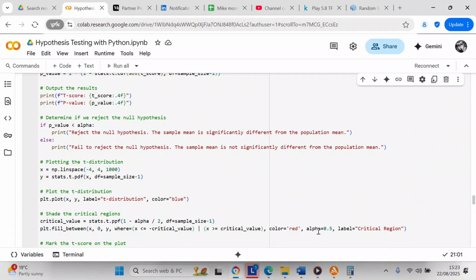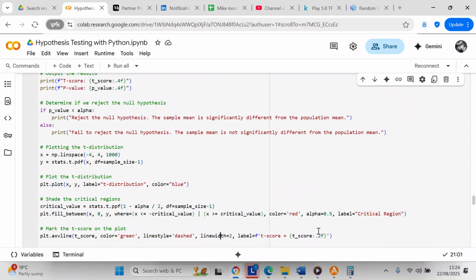So we're going to fill the critical region. plt.fill_between, brackets x, comma, 0, comma, y, comma, where x is less than or equal to negative critical value, or x is greater than or equal to critical value, comma, color equals red, comma, alpha equals 0.5, and then comma, label equals critical region.